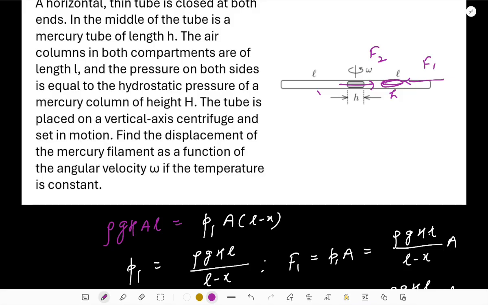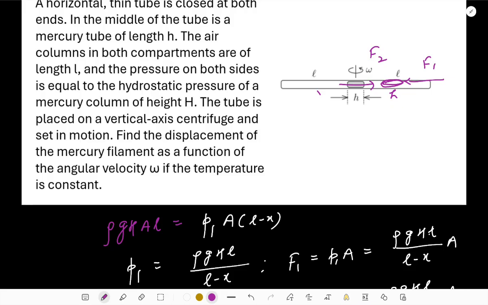But the mercury element performs a rotational motion, and we can say that the resultant of the pressure forces acting on the mercury filament will be equal to the centripetal force, because this is moving in a circle, and I'm talking about the ground frame, and that is an inertial frame.